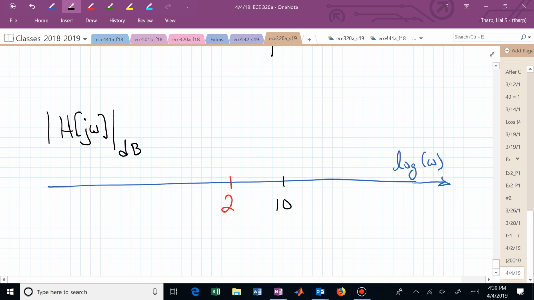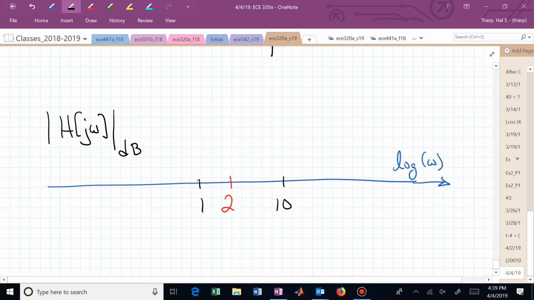Where's 1? I'm on a log of omega scale. So now if I put a 1 here, that 2 better be about 30% of the distance between 1 and 10, is it? If you took the log of 2, what do you have? Log base 10 of 2. I don't know. You expect me to know that? Yeah, you guys are just full of all this data. You take log base 10 of 2, you get 0.3.